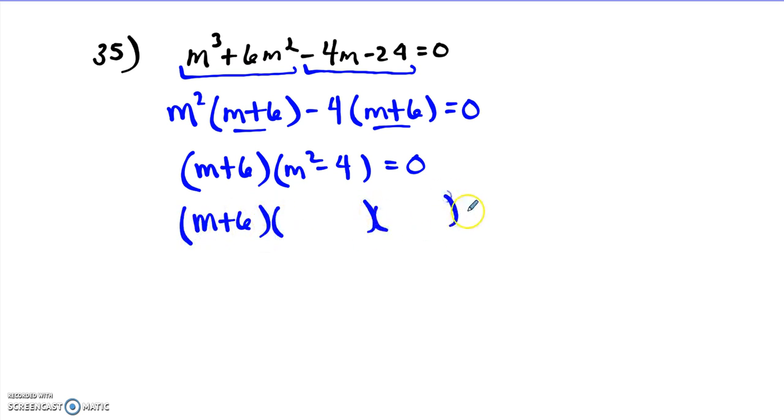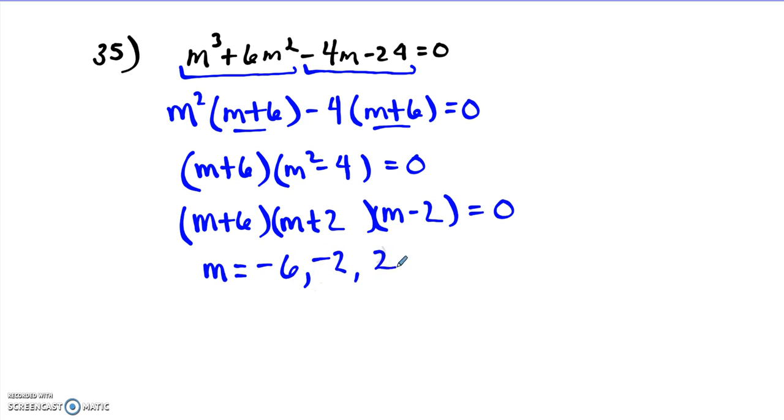And this one's broken up into 2 factors, m plus 2 and m minus 2. And now I have m equal to negative 6, negative 2, and 2. So there are 3 real zeros there.